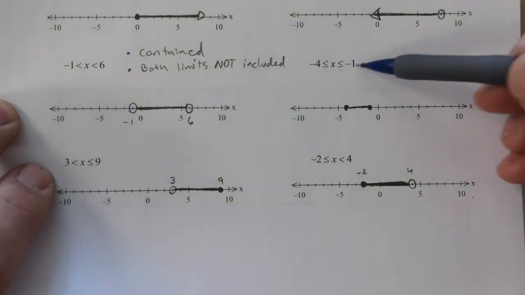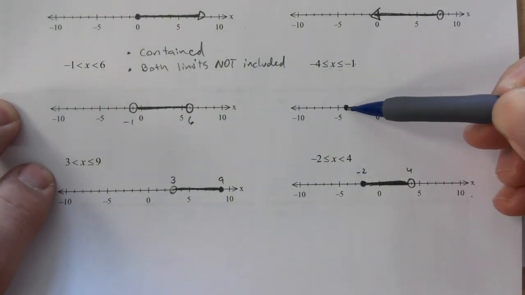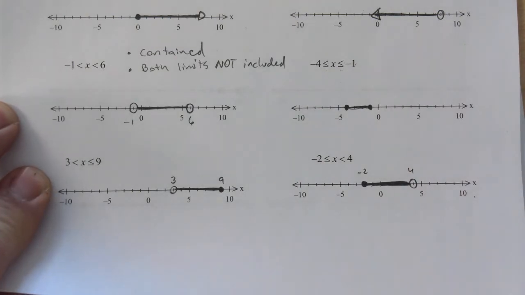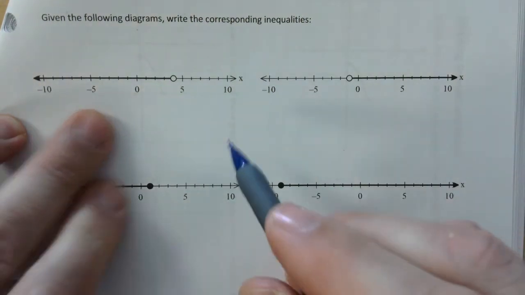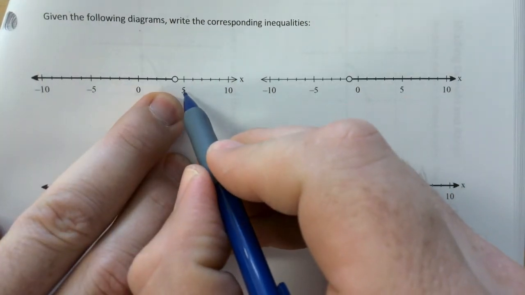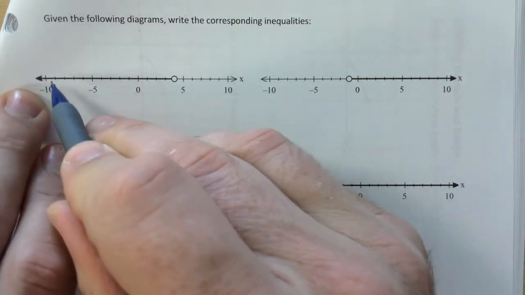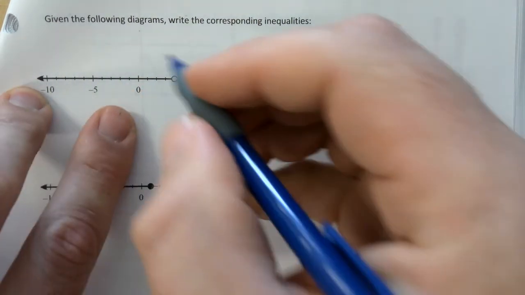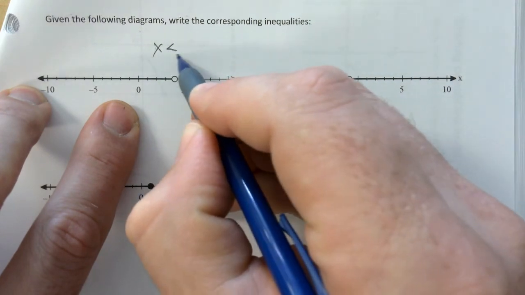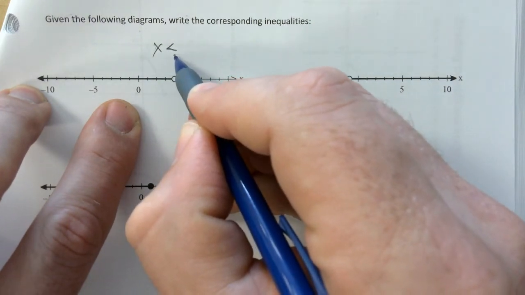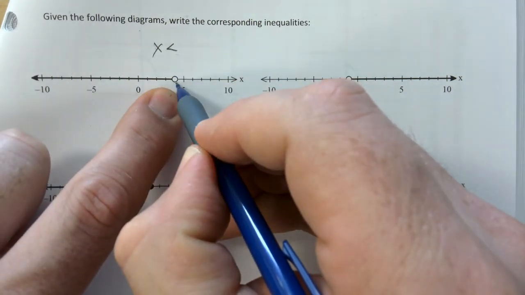So this is going from the inequality to actually showing it on the number line. Now we're going to go backwards. All of this is to get you warmed up for domain and range. So I think I can go a little bit faster here. We know that there's an arrow, so it's not contained. So it's just going to be x is less than, is it going to be equal to? And the answer is no, because it's open, right?